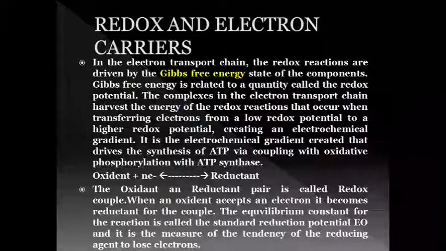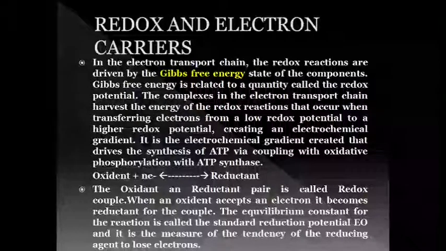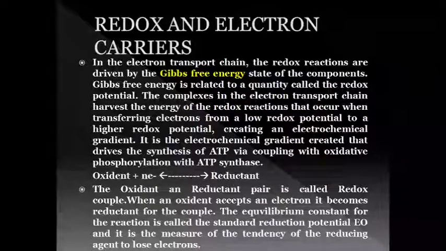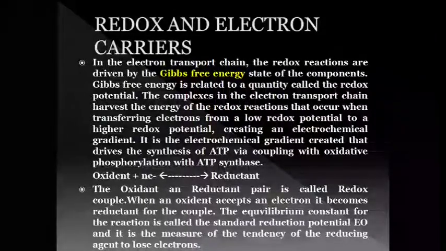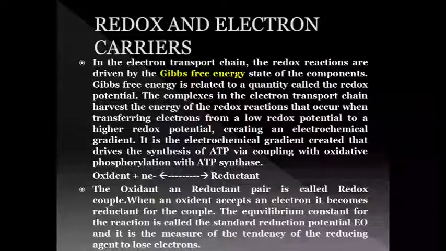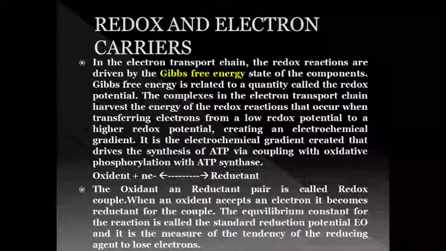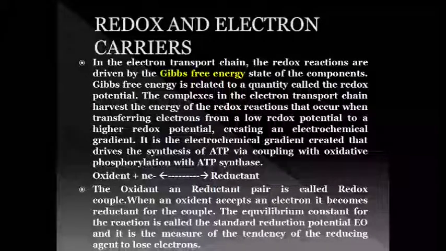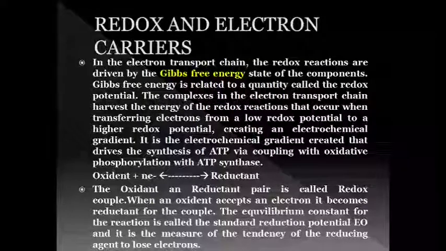In the electron transport system, electrons move from an electron donor, that is a reducing agent or reductant, to an electron acceptor, that is an oxidizing agent or oxidant. The pair of oxidant and reductant is called a redox couple. The equilibrium constant for this reaction is called the standard reduction potential, E0.